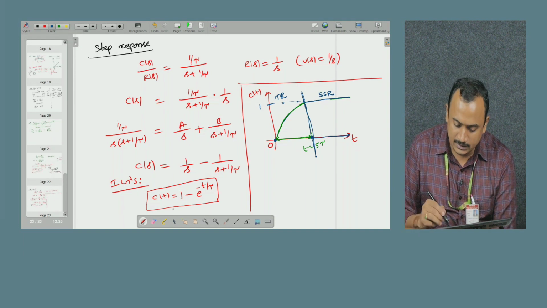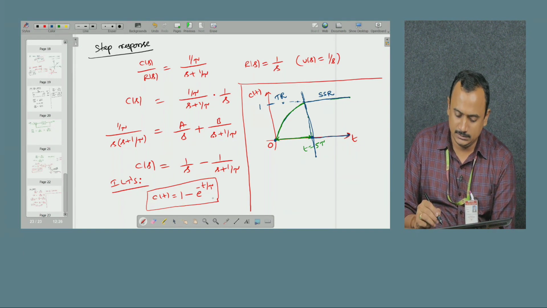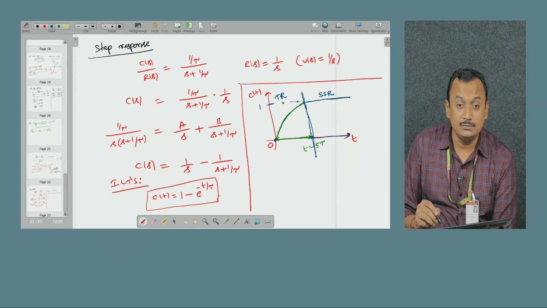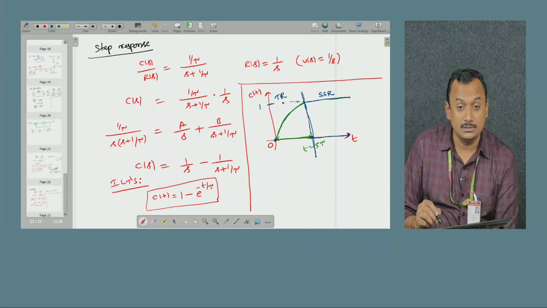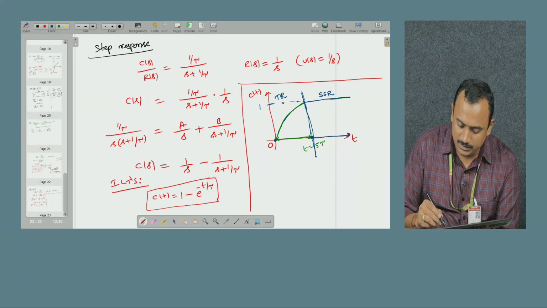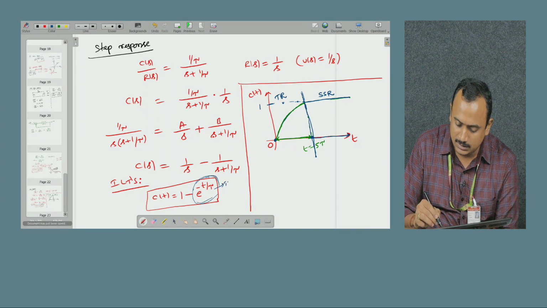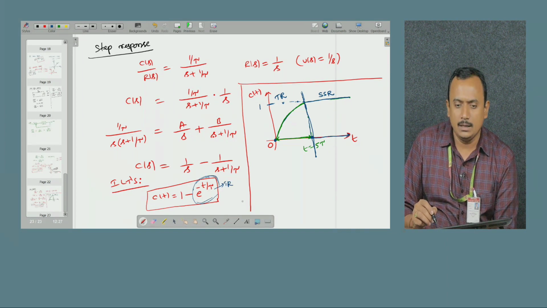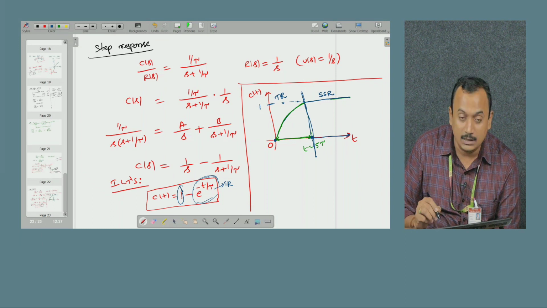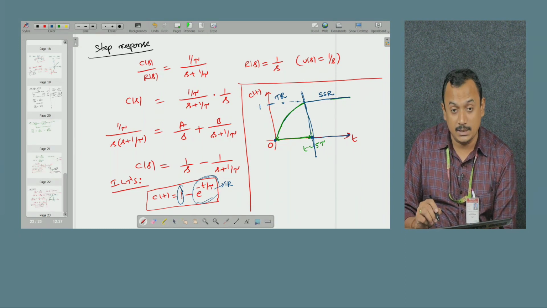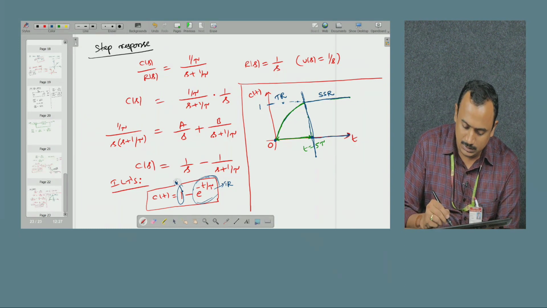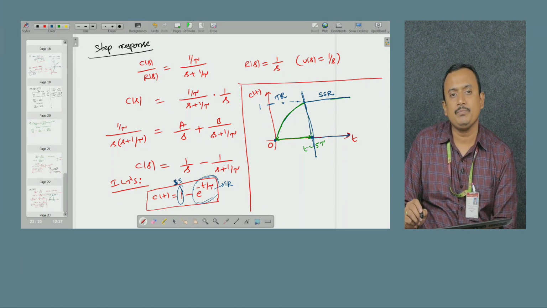Now you can easily find from the expression the term which is associated with time is going to give you your transient response. This is your transient response. And what about this? This is not associated with time, so it gives you your steady state response. What is the conclusion?